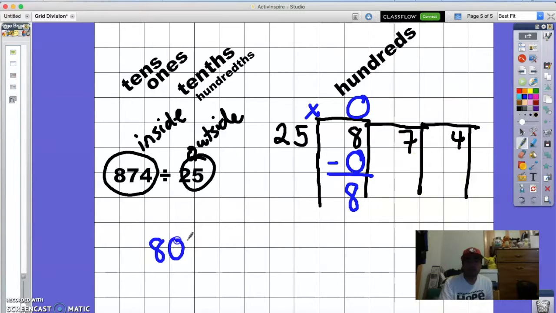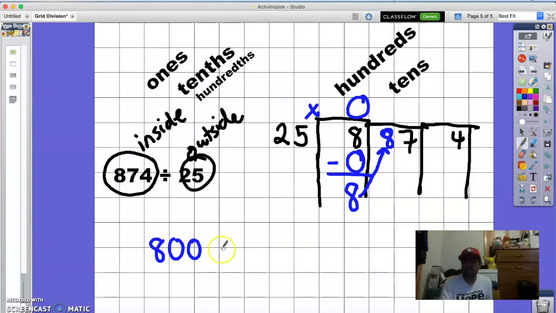Now, let's see what happens when I put this 8 over here, in the tens place, because this is the tens place. Now, look at this. I just said that 8 hundreds is the same thing as 80 tens, because I have 87 tens, and this 8 represents 80.